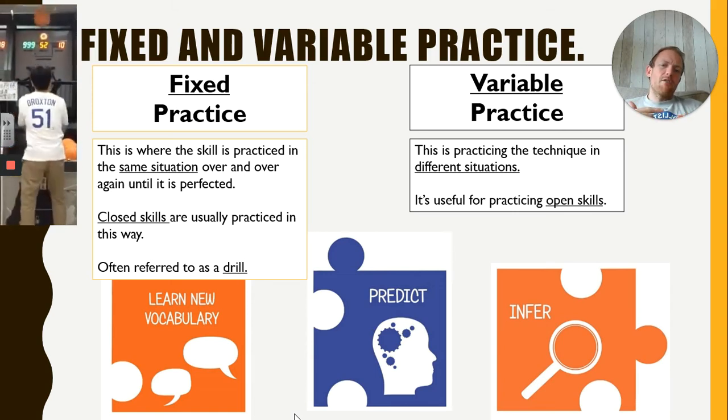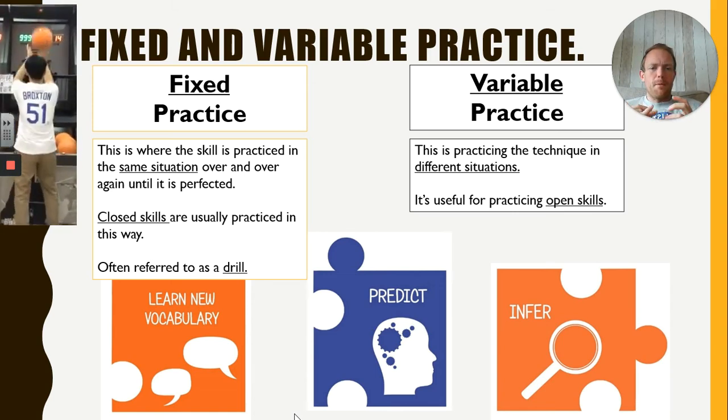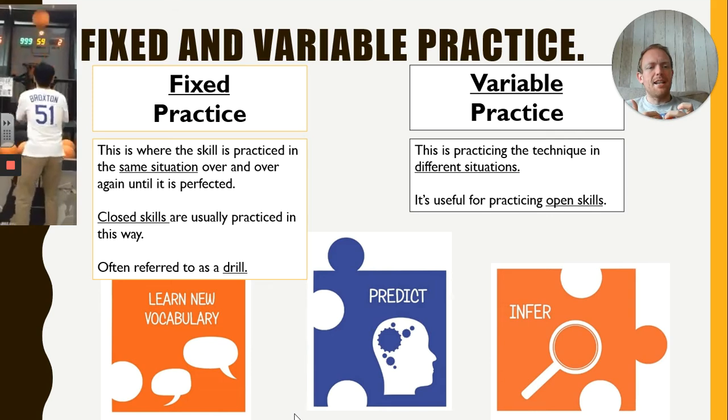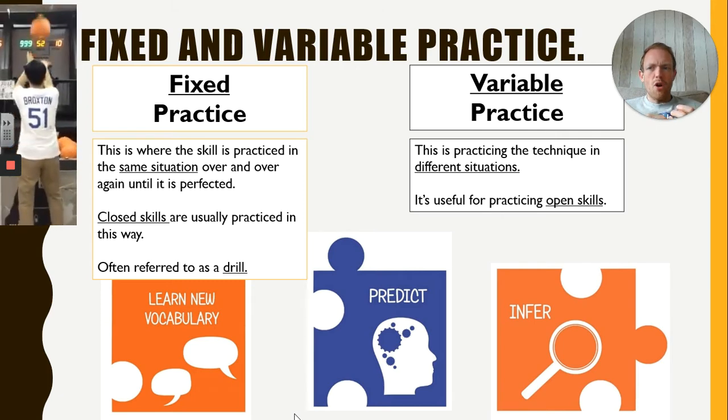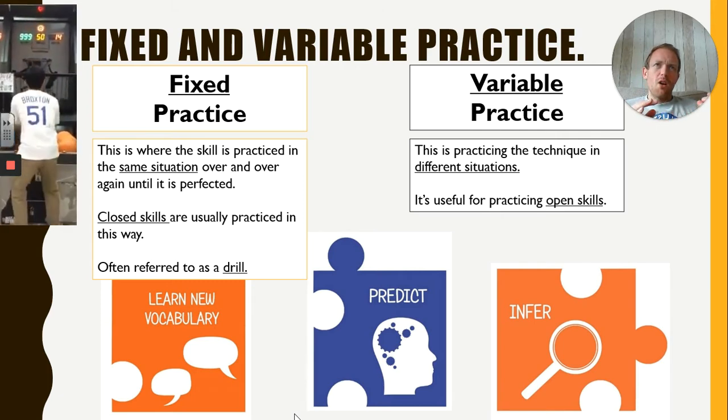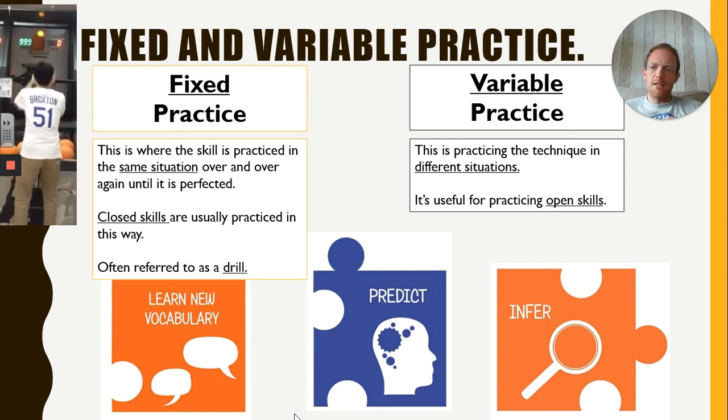The opposite is variable. This is for people who are practicing a technique in different situations, and it's useful for practicing open skills. I'm trying to think of a different example than this arcade one.